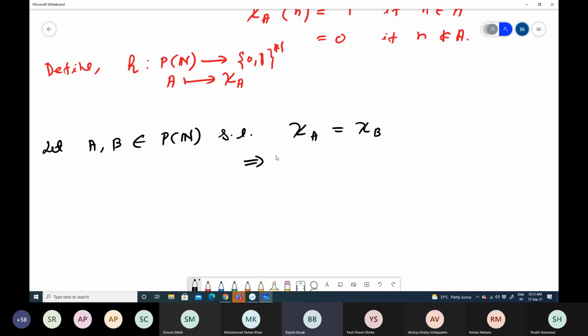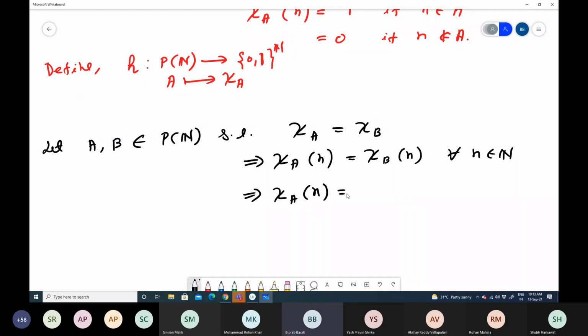That means chi_A(n) equals chi_B(n) for all n belonging to the natural numbers. So that means chi_A(n) equals 1 if and only if chi_B(n) equals 1.